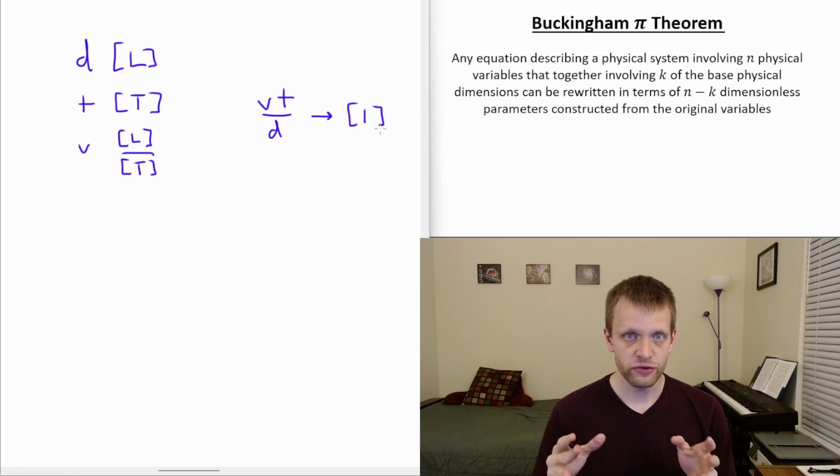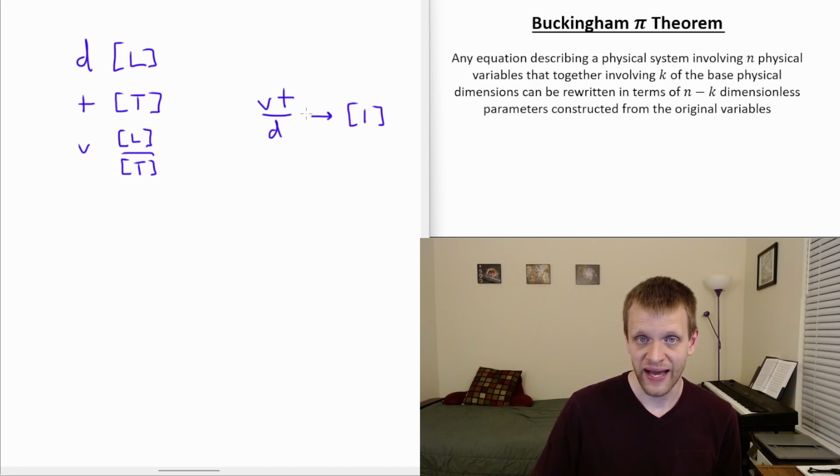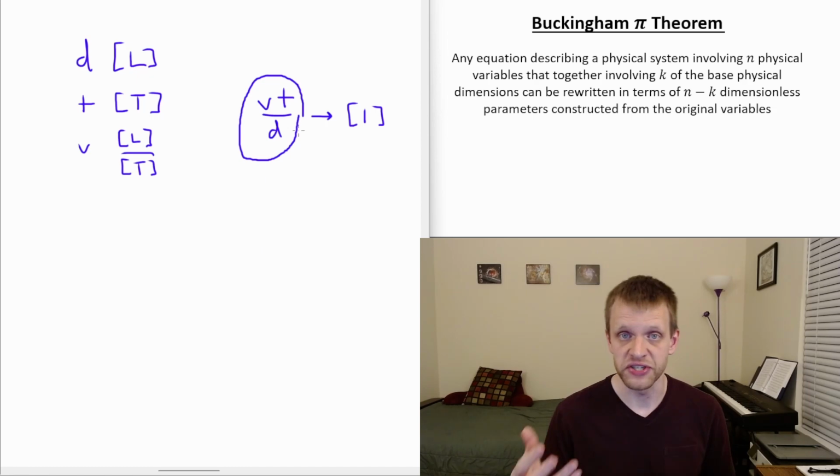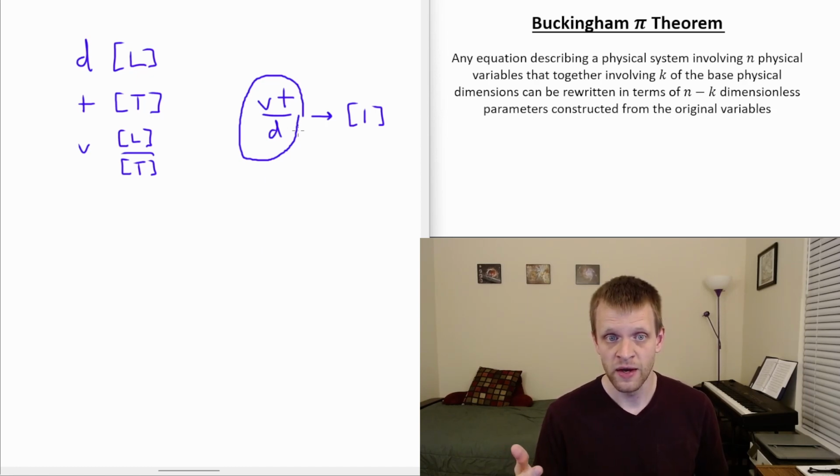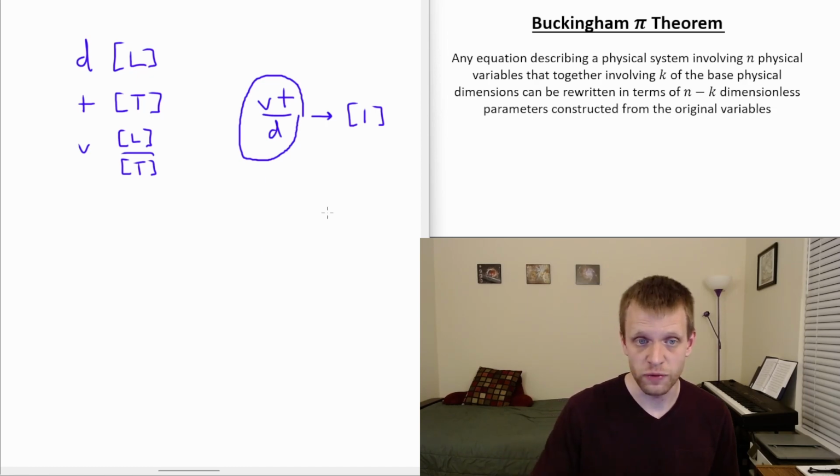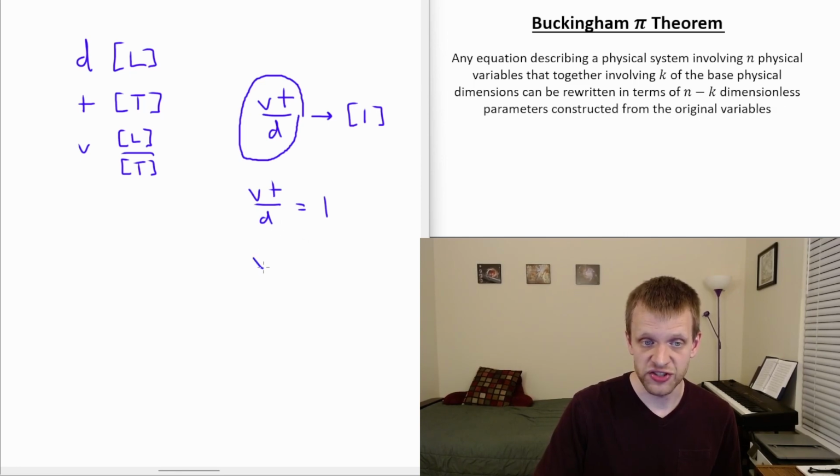And if these are the only terms that describe my physical system, any equation that we're solving for is going to have to be in terms of this particular quantity. The quick identification of this would be, well, if velocity times time divided by distance is equal to 1, then we can rearrange this and say velocity is distance over time.